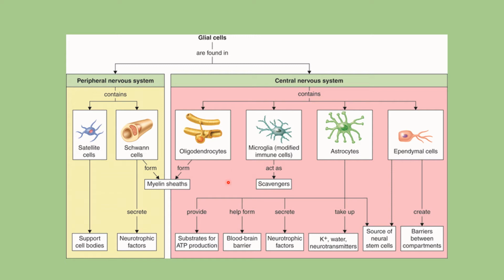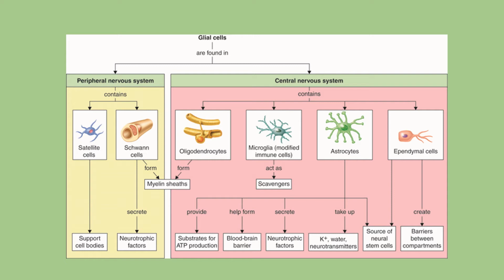Those microglial cells, they're going to be involved with also protection, involved somewhat with the immune system, helping to remove any type of debris that is present. Astrocytes have numerous jobs, once again, helping with that blood-brain barrier, helping to secrete different factors, helping to take up various things such as potassium and water and neurotransmitters.